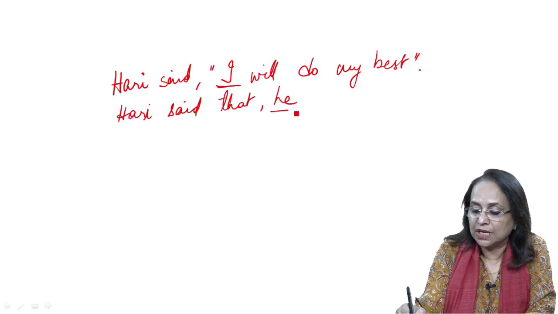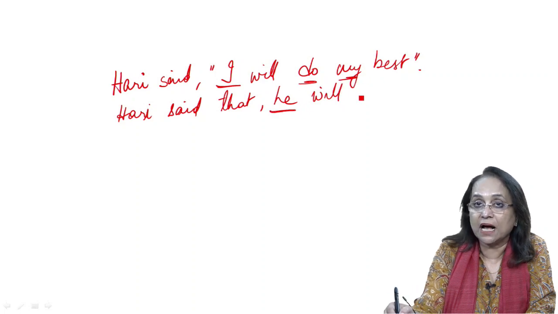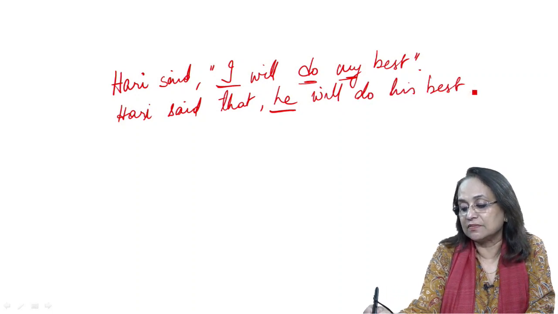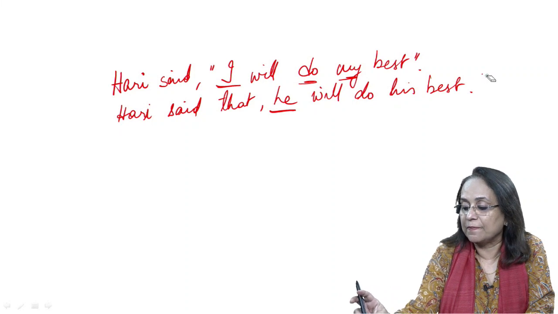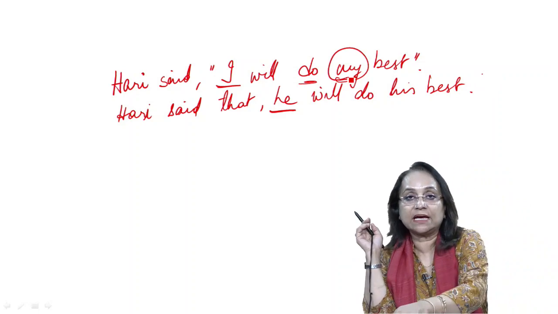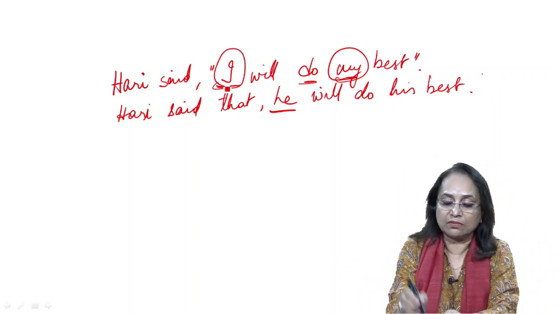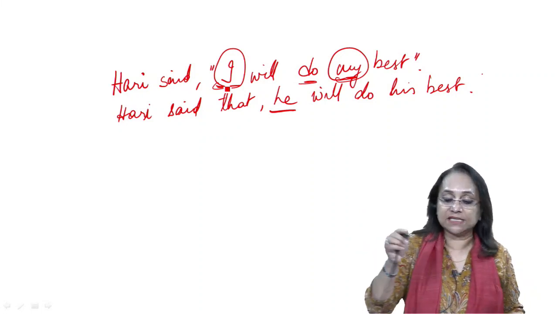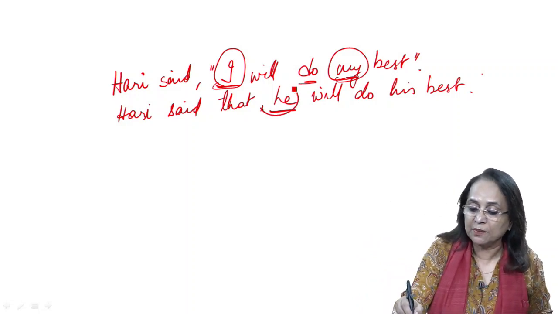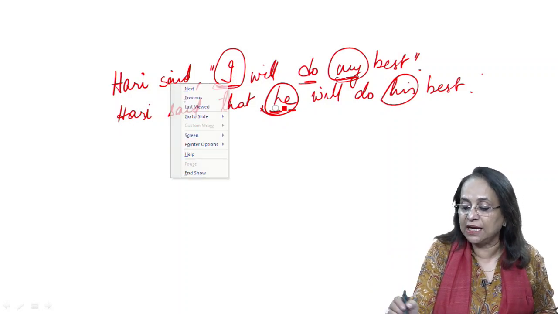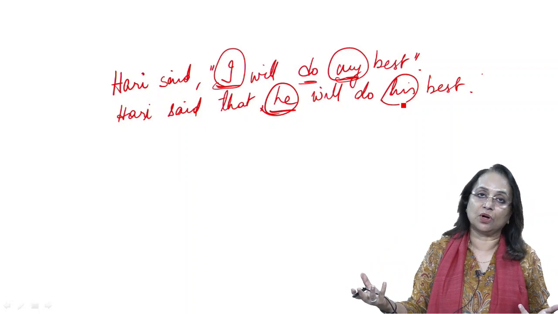I will change to he, and my, if it is he, will become his. So this pronoun will follow the first one. If it is he, then that remains he. But it's I and my, so it will become he and his. If it is she, it will become she and her, and so on, right?